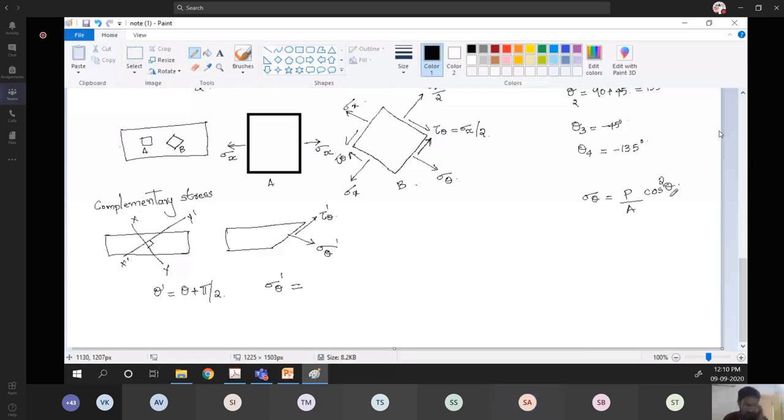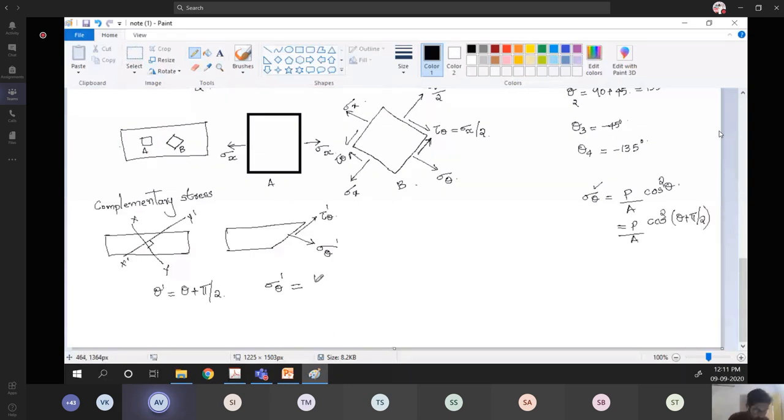This is the expression for the sigma theta along the plane xy. We need to find the sigma theta along the plane x dash y dash. So we just incline by theta dash, I mean to the original angle we need to add 90 degree. So here I need to put p by a cos square of theta plus pi by 2. So p by a sin square theta. Yes, p by a sin square theta.